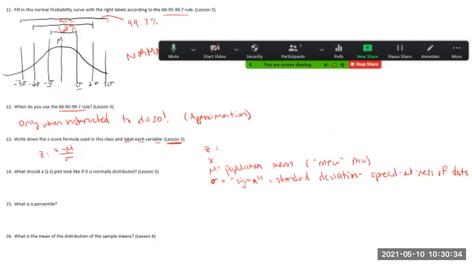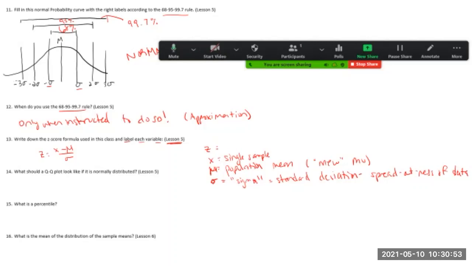That is, if you add all of the people in the population and you divide by how many you have for a quantitative piece of data, this is what you're going to get, the mean. That's usually given to you. And then X is a single sample, or one piece of data that you're comparing to.